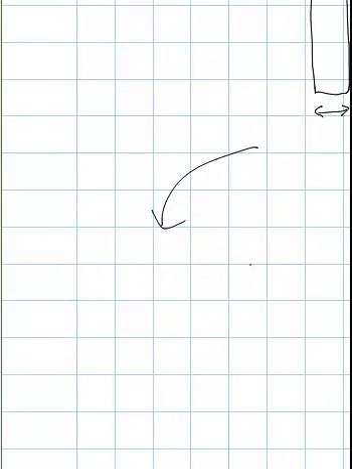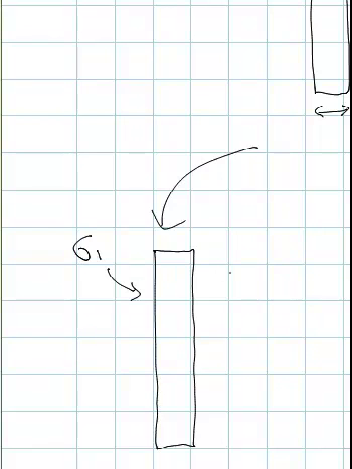So what I'm going to do is I won't make any assumptions. I'll just assume that I end up with some charge on this surface and some charge on the right surface, and I'll call them sigma 1 and sigma 2.